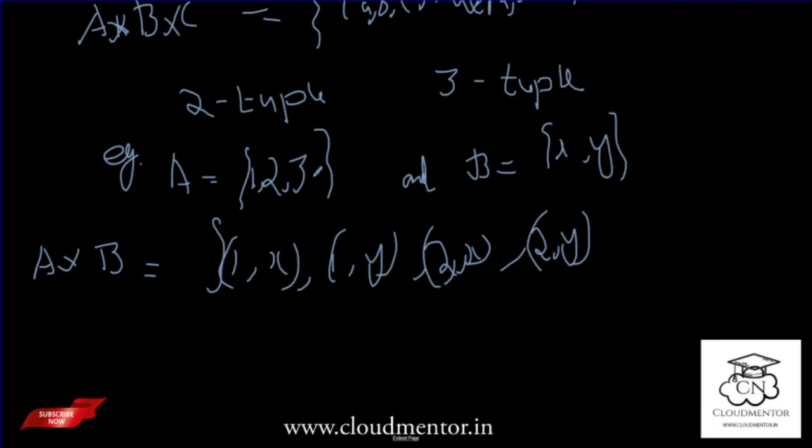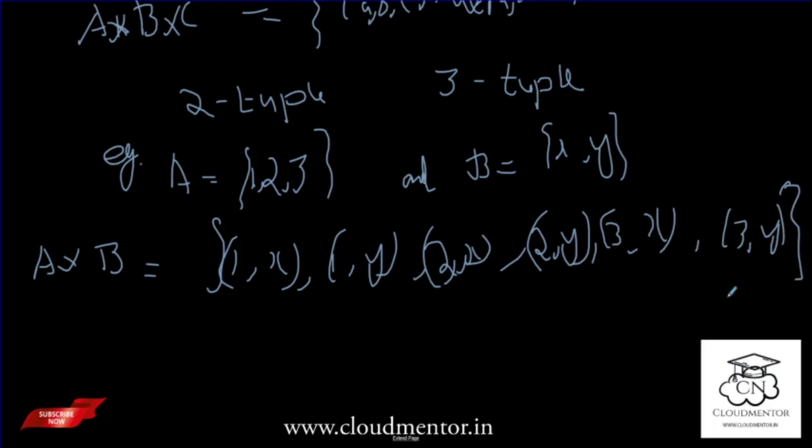Then the next element 3 with x, that is 3x, and 3 with y, that is 3y. The first element must be an element of the first set, here 1, 2, 3 are in the set A, and the second element must be of B. And that's all.